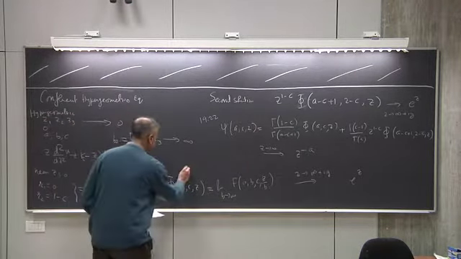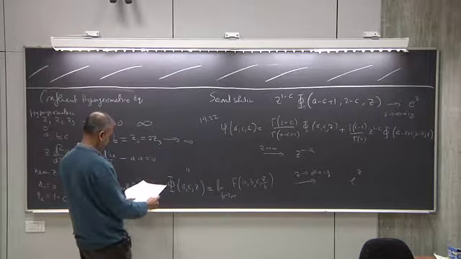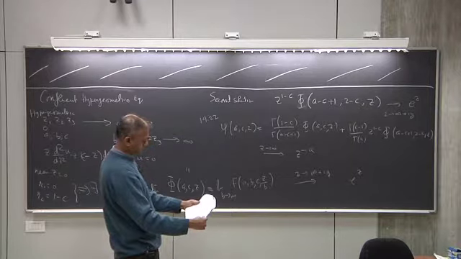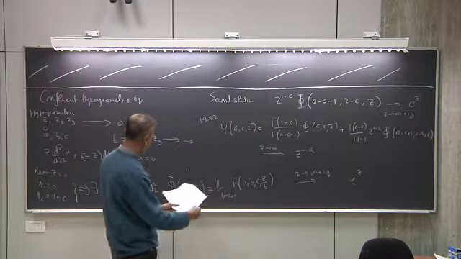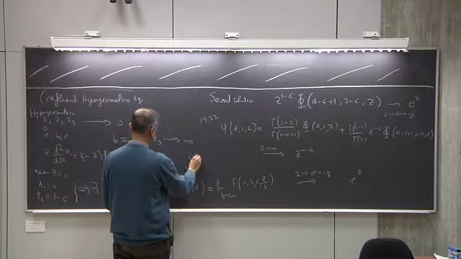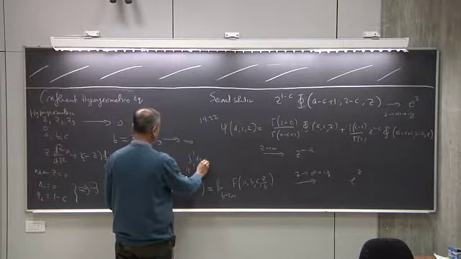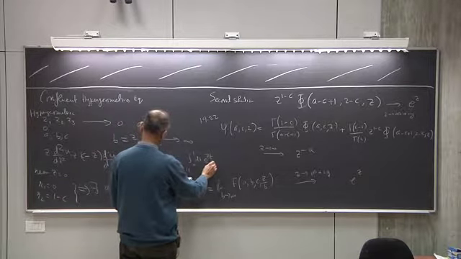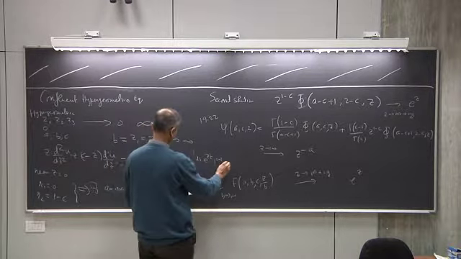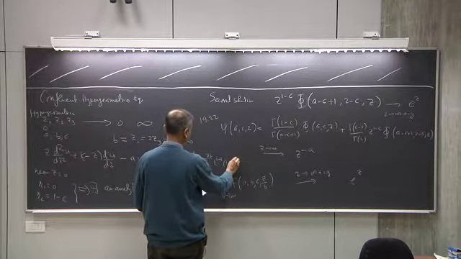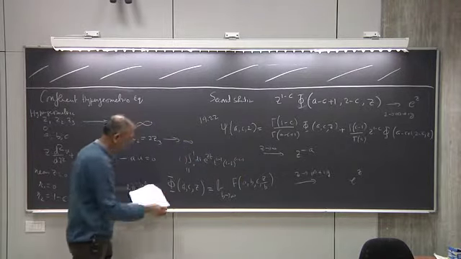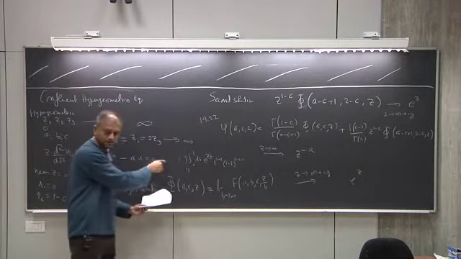So this had the integral representation: phi of a, c, z was basically the integral from 0 to 1 of dt e to the zt times t to the a minus 1 times 1 minus t to the power of c minus a minus 1, up to some constant, which was given in terms of gamma functions.